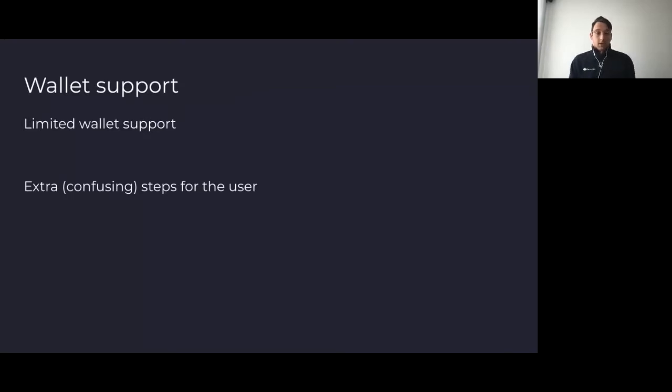Layer 2s work in different ways, and if we take the general cases of rollups and sidechains, the interactions with the wallets are actually quite different than on layer 1. For example, on rollups and ZK rollups, usually there's a different signing curve than on the main chain, which means that integrating wallets is slightly more complicated and usually requires work on behalf of the wallet provider.